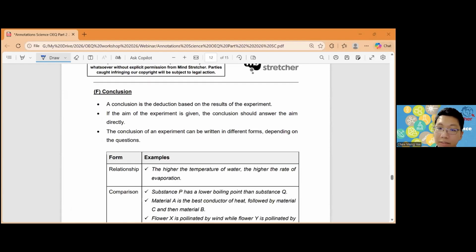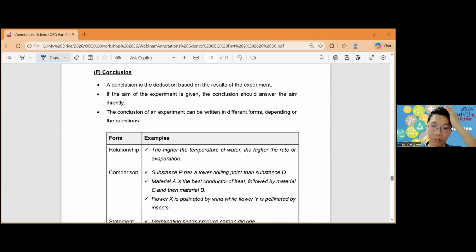Next part, last part, conclusion. Conclusion to conclude today's session. Conclusion is very important. You must remember that conclusion is used to answer the aim of the experiment. For example, I do this experiment to find out if temperature affects the rate of evaporation of water.